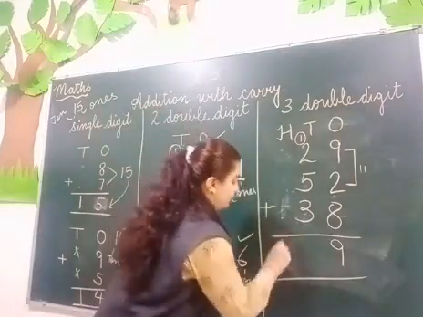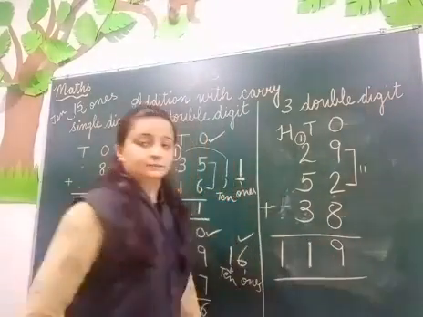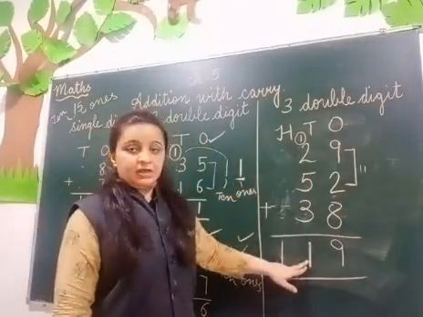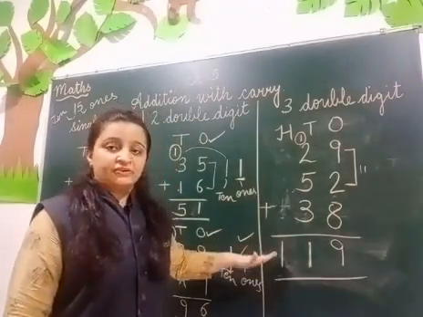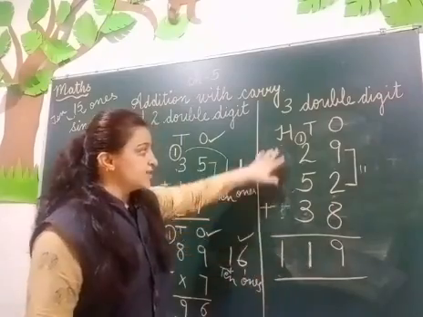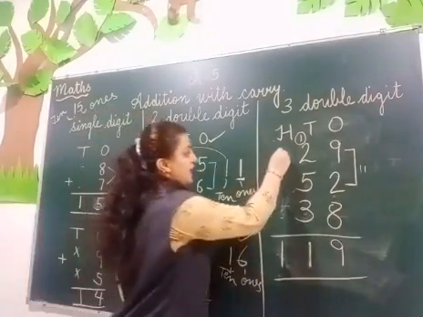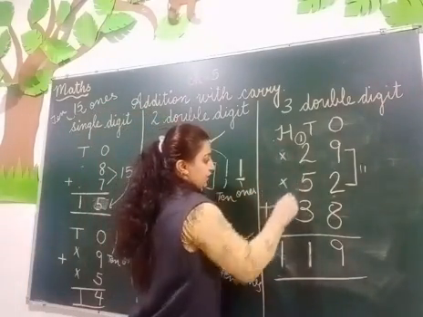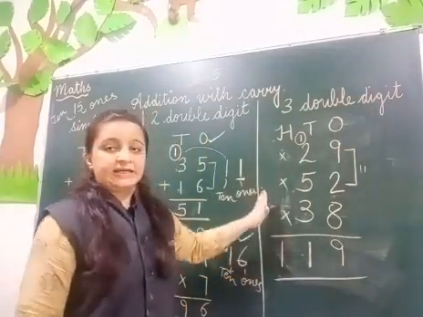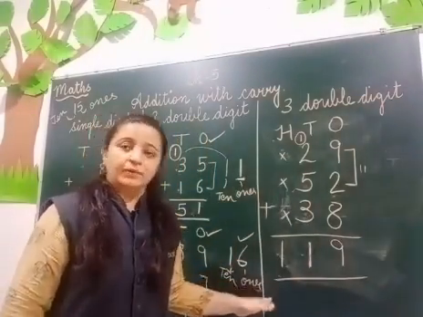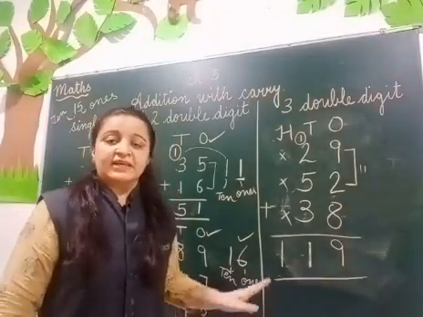So 11, okay, 1 you will write here and 1 we are shifting to hundreds place. I am not writing this 1 here because we don't have any digit over here to add. I am shifting this 1 to the 100 place. Okay, children? Getting it?